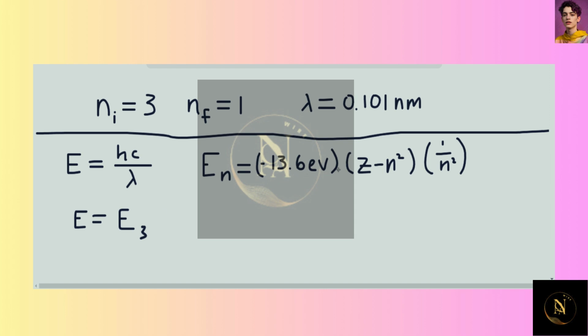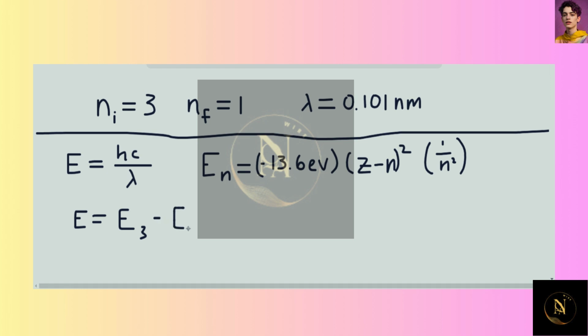E sub n in general is equal to negative 13.6 electron volts times Z minus n, all that quantity squared, times 1 over n squared. So if we replace n with 3 in these equations, then we can solve for Z.